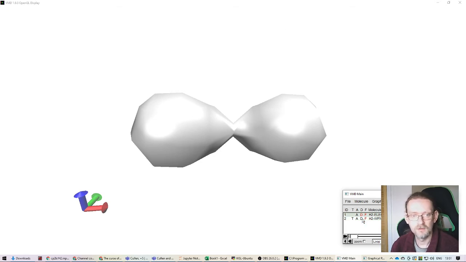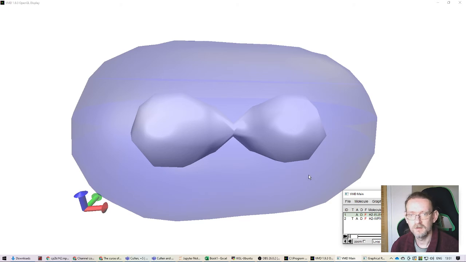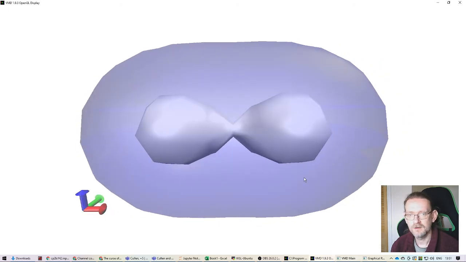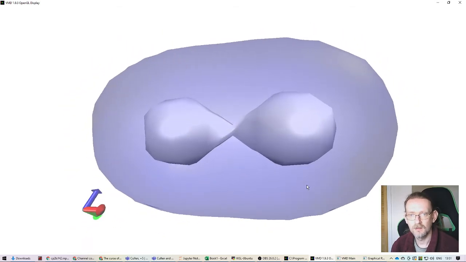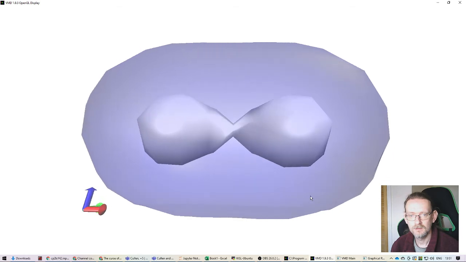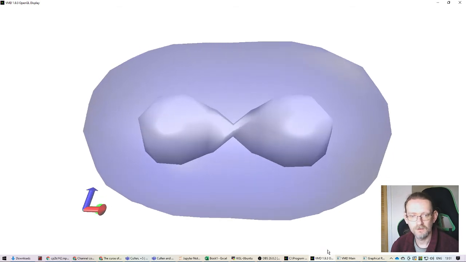So if we turn this on, we've got the electron density, and that's coming from a square of this function here.